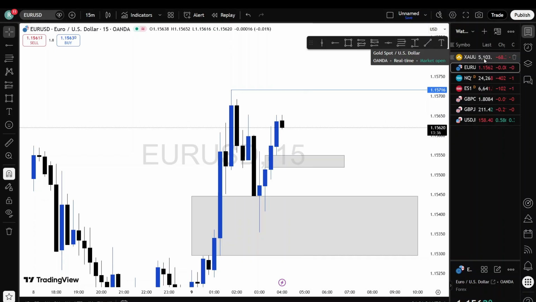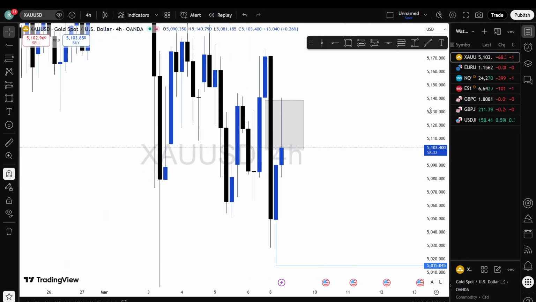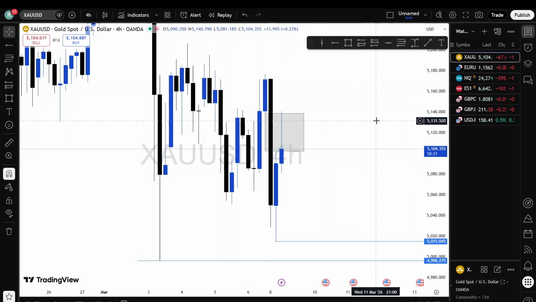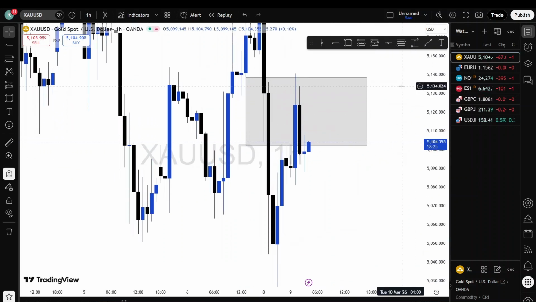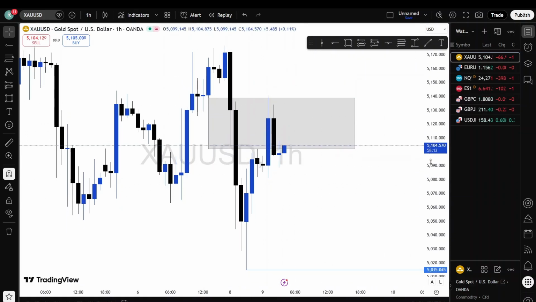And now gold. As we know, the 4 hour selling FVG was tapped. On 1 hour, if you see, 1 hour has not created any buying FVGs as of now, right?